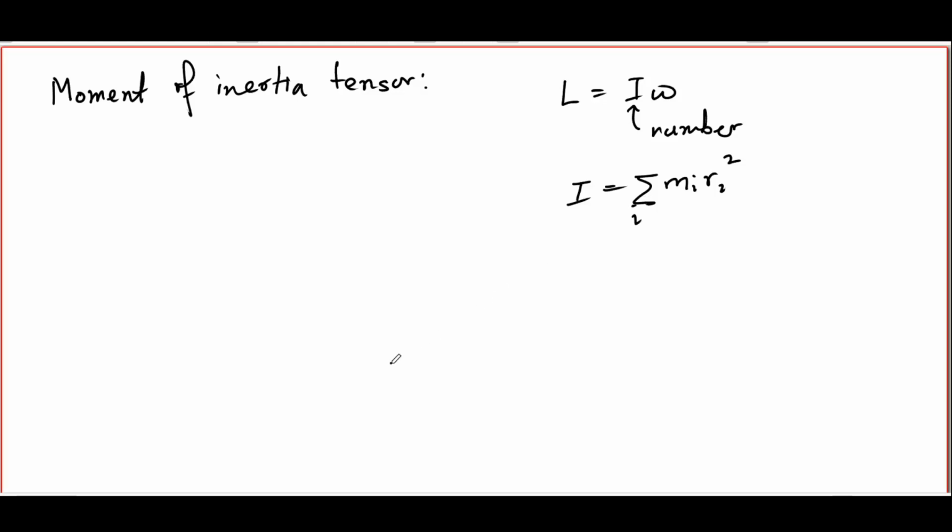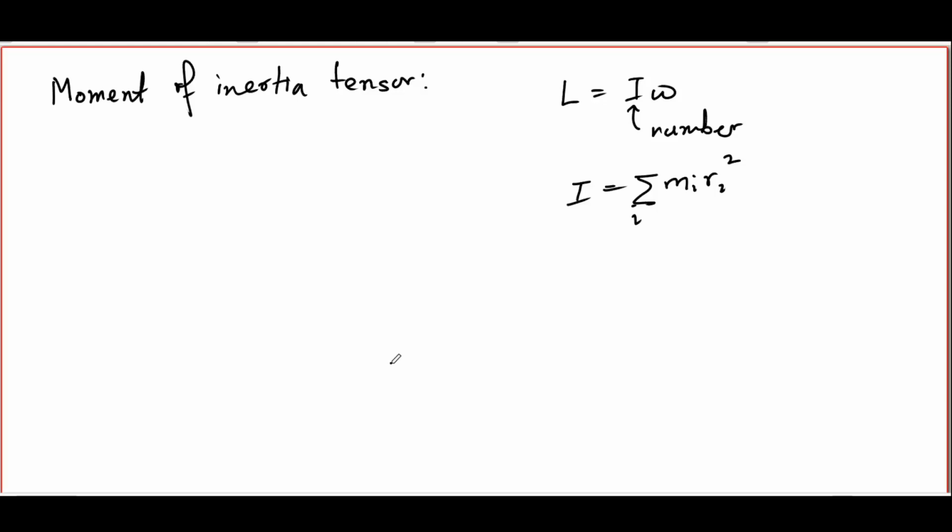However, this result actually works only in a very limited sense. It works only when you are talking about an object which is planar and which is rotating in its own plane, and only for such a situation can you write the angular momentum vector as a product of a number times the angular velocity vector.